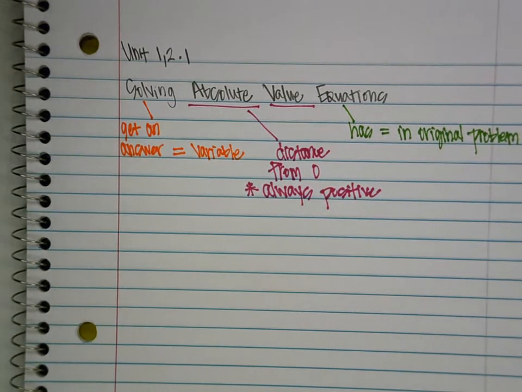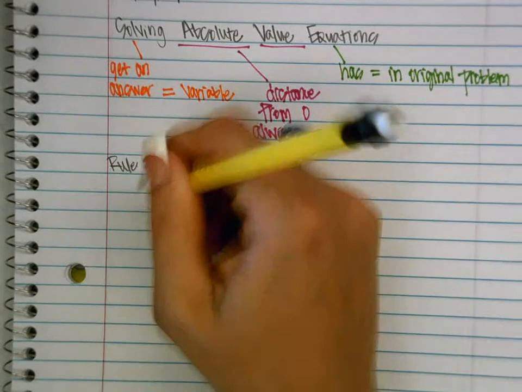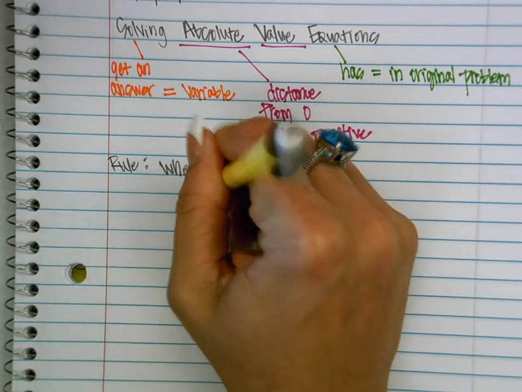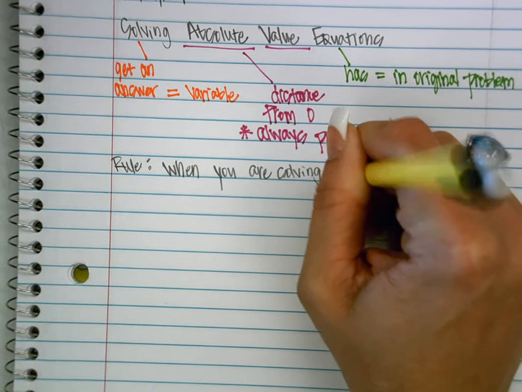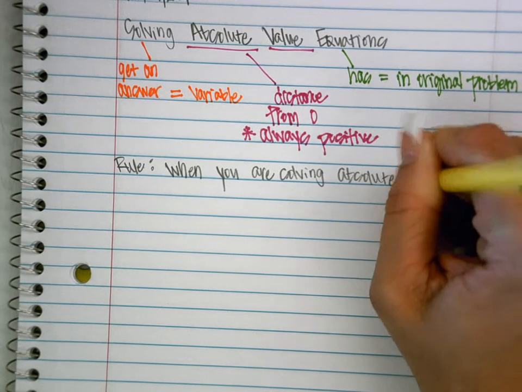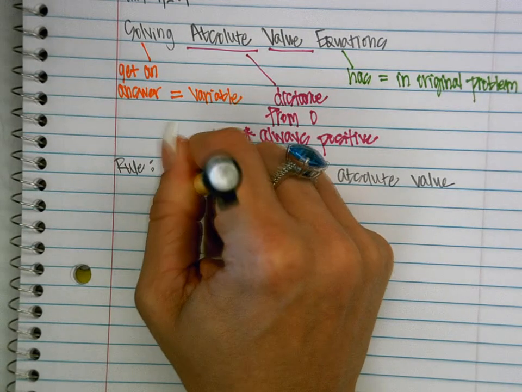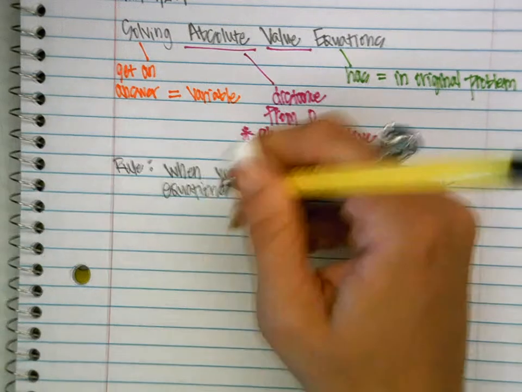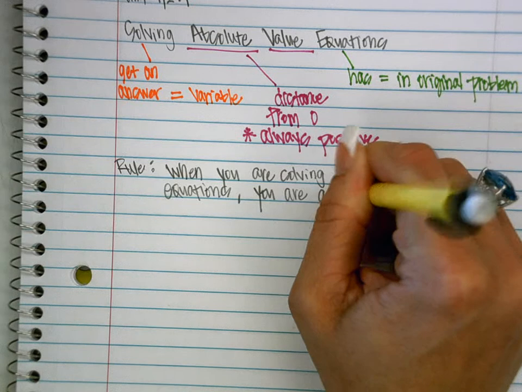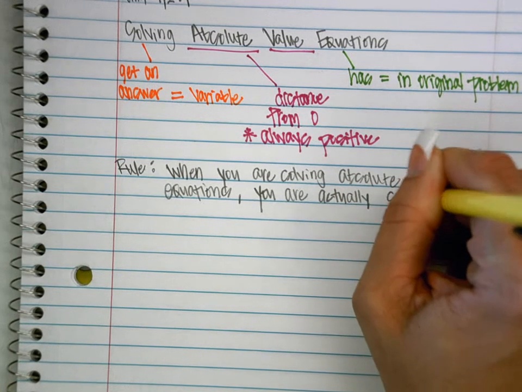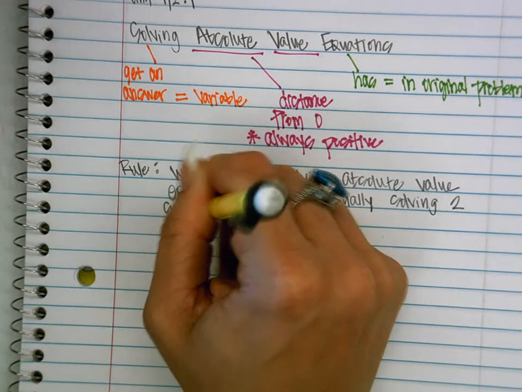So we're going to start with a little rule here. And the rule is that when you are solving absolute value equations, you are actually solving two separate equations.